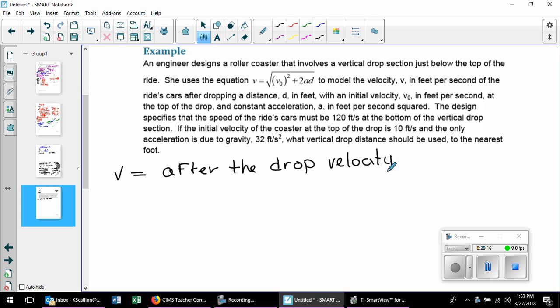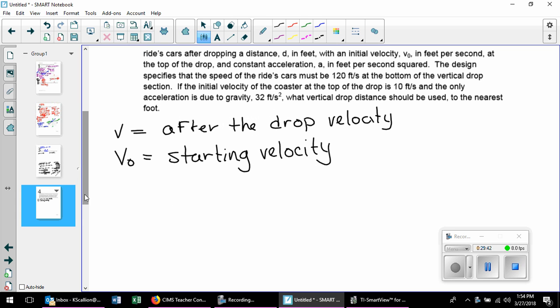If you don't know what all of the letters mean, you're not going to be able to do it. The initial is your starting velocity. For those of you who took physics, not a shocker. For those of you who haven't, anytime we have V0, we call it the initial, that's where you begin.